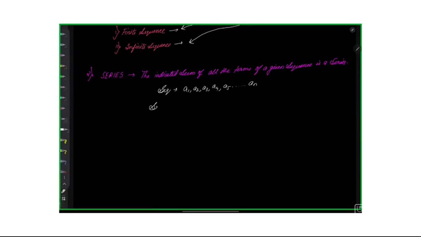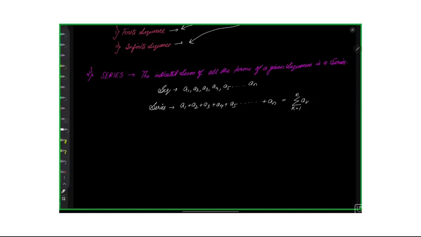A series is nothing but if we just add all the terms of the sequence. For example, A1 plus A2 plus A3 plus A4 plus A5 dot dot dot plus An. This will be a series, right? And it can also be written as summation n equals 1 to n An, or you can write this as summation k equals 1 to n Ak.